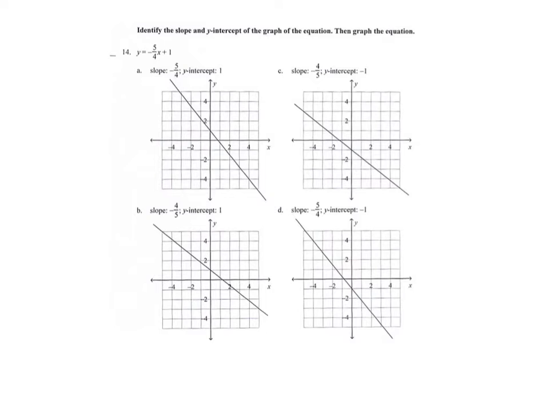Identify the slope and y-intercept of the graph, then graph the equation. Remember, we're using y equals mx plus b. Okay, so m is the number in front. So our m is -5/4.